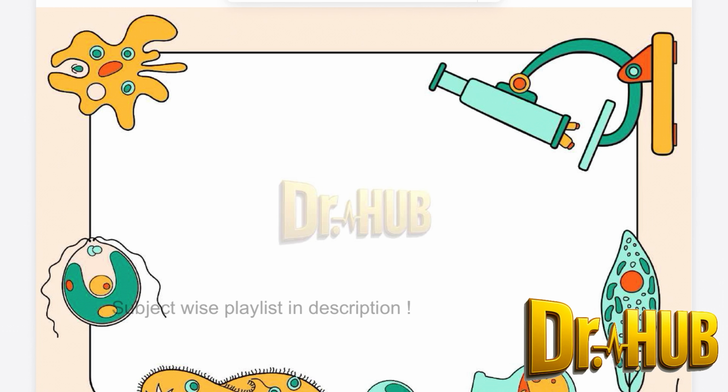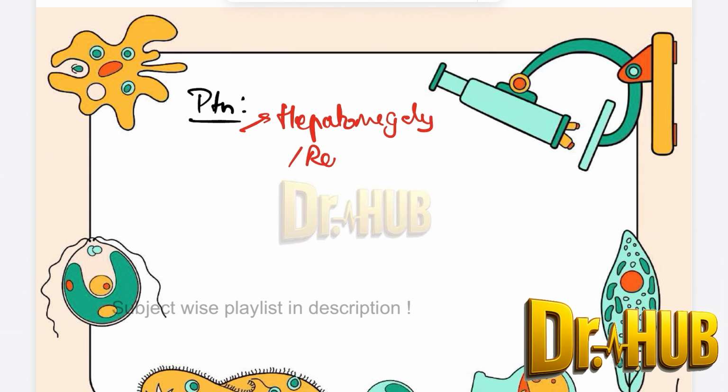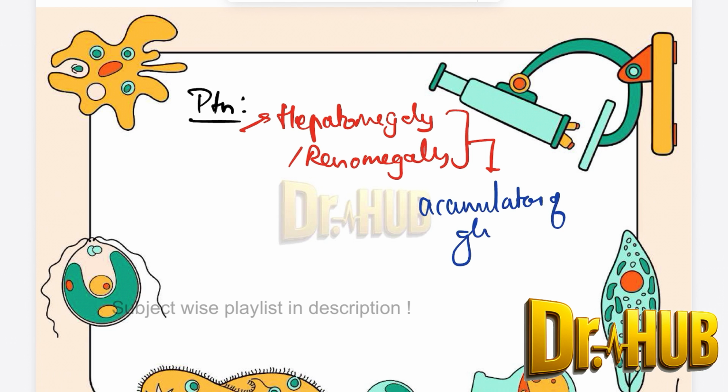What are the presentations of von Gierke's disease? It presents with hepatomegaly, hepatosplenomegaly, as well as renomegaly. The hepatomegaly and renomegaly are due to the accumulation of glycogen.